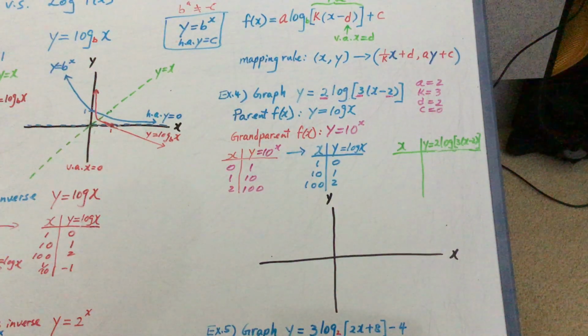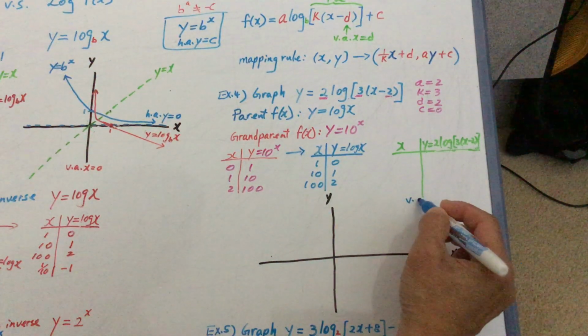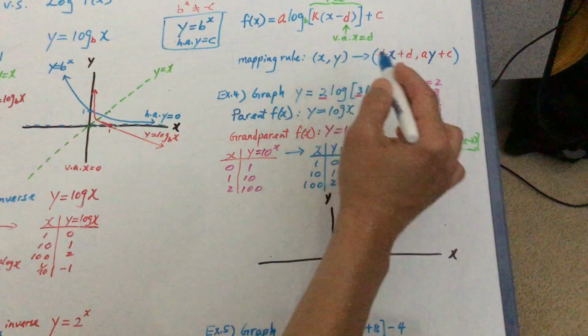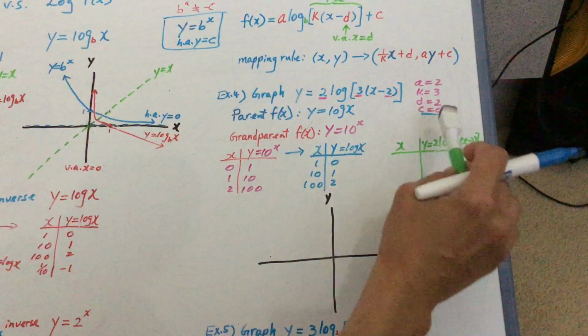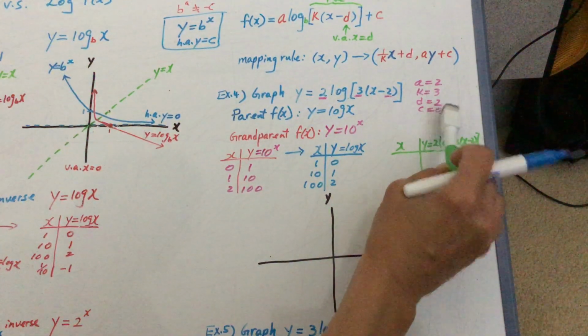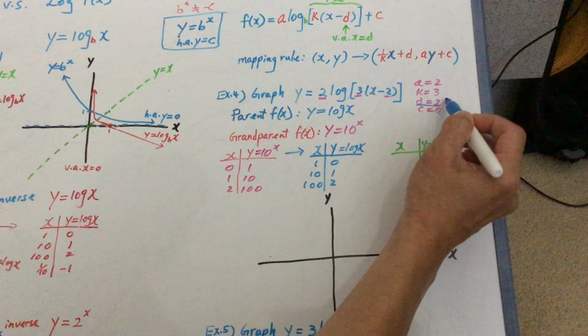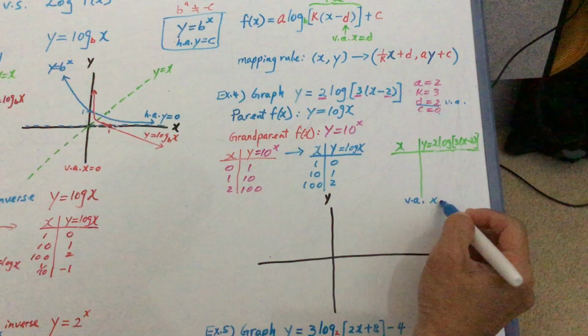So right away I know my vertical asymptote is the, sorry, not the C, it's going to be the D. This is my vertical asymptote, x equal to 2.